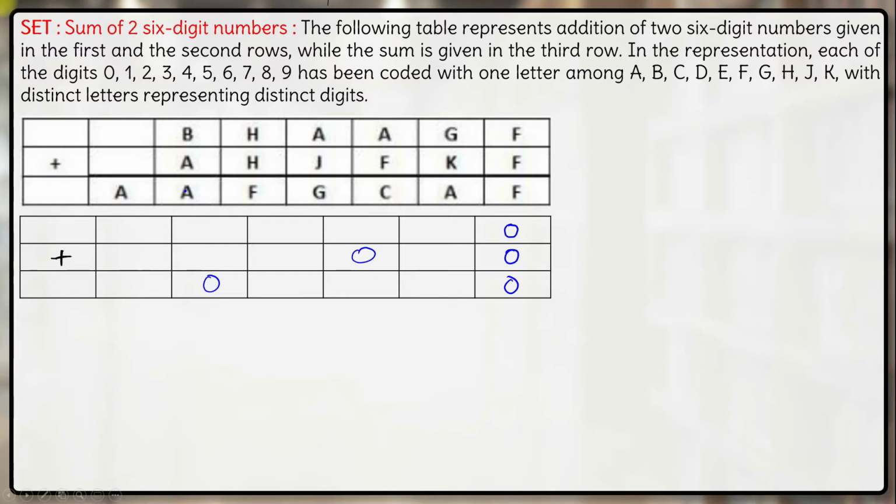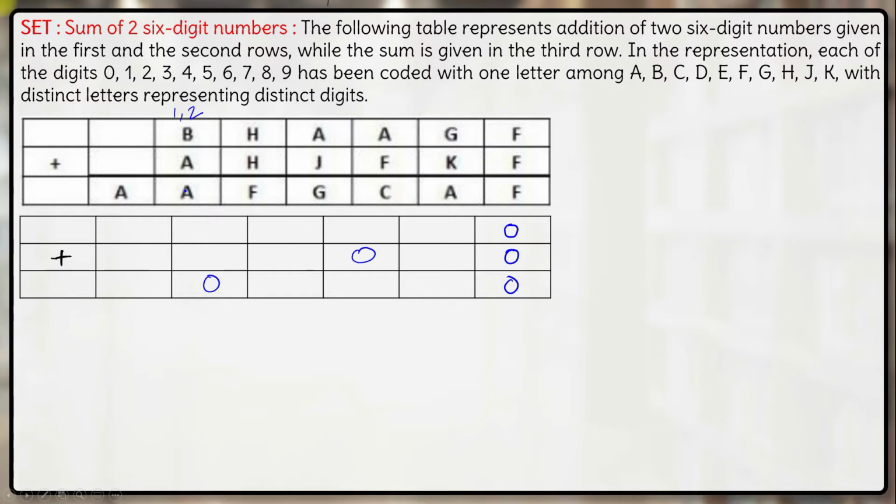Now what can be the value of A over here? We know B plus A will be a 2-digit number, or there might be some carryover from this addition as well. So B plus A plus this carry forward together will be a 2-digit number. Now the carry forward can be at max 1 or 2.